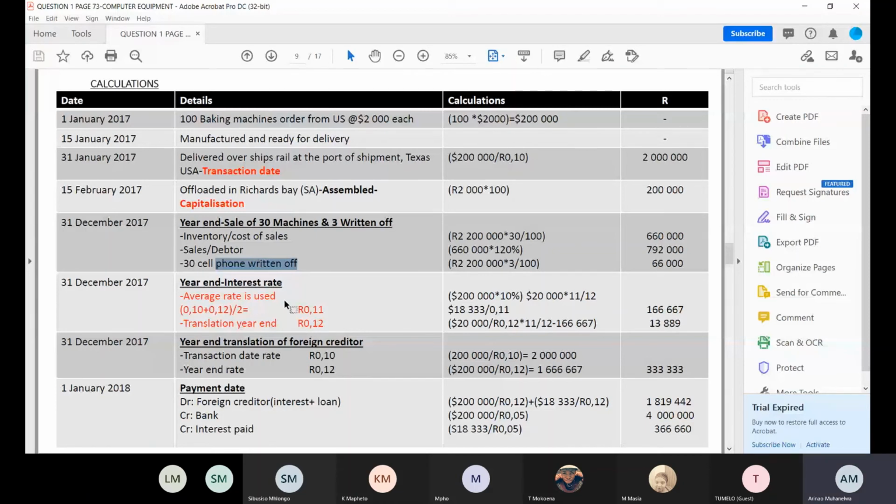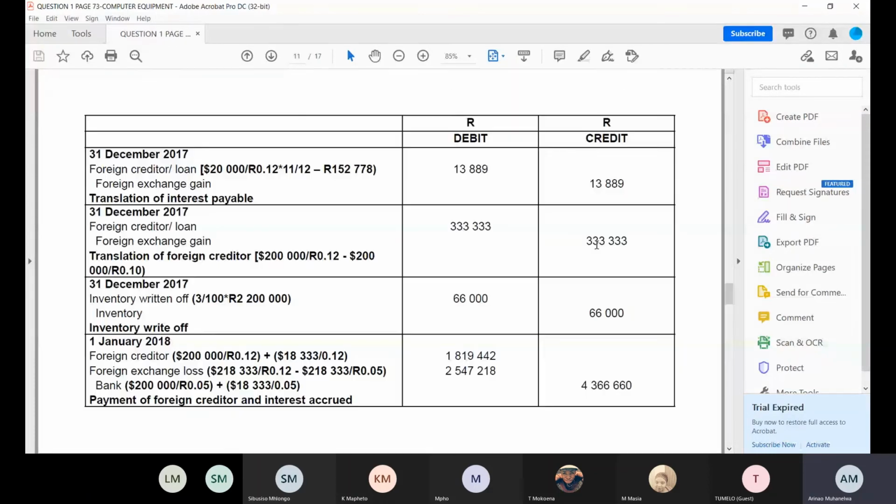And if we do that, we'll realize again that we have a gain of 333,000. How do we determine that? This is the spot rate at year end. This is the spot rate at transaction date. So that means this also reduces our loan. Any gain reduces your loan. Any loss increases your loan.